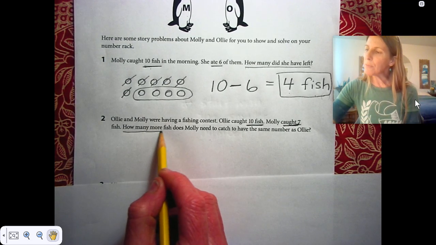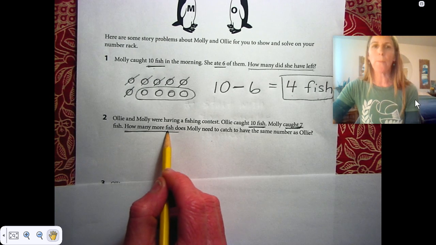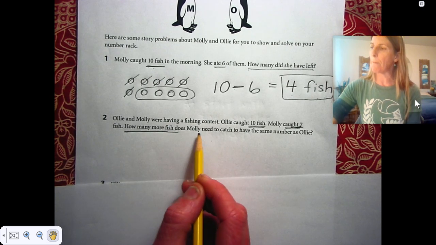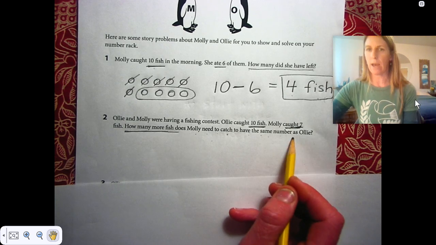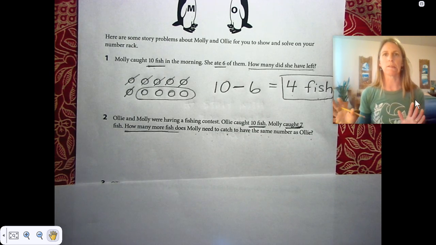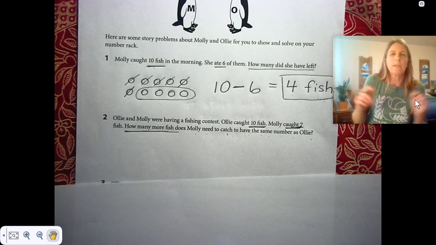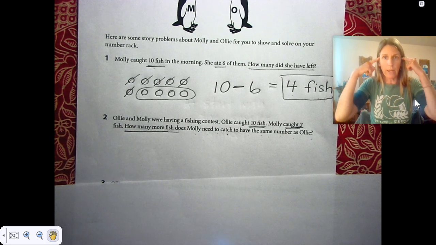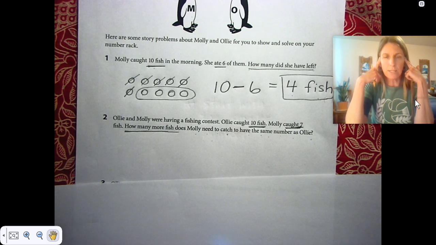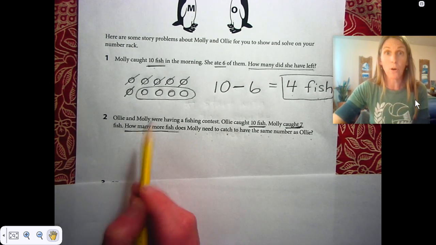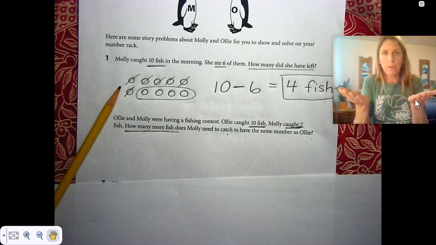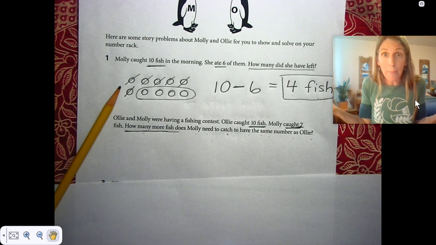How many more fish does Molly need to catch to have the same number as Ollie? This one seems a little trickier in my brain, but I'm going to teach you that it doesn't have to be. If you're getting a how many more problem or a comparison problem, you just count up.